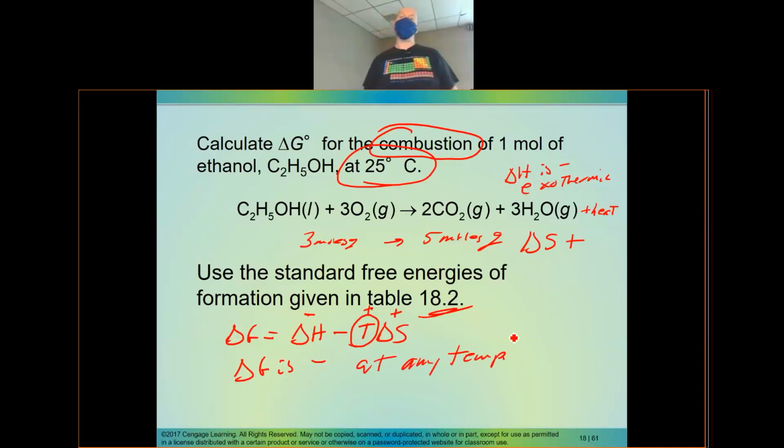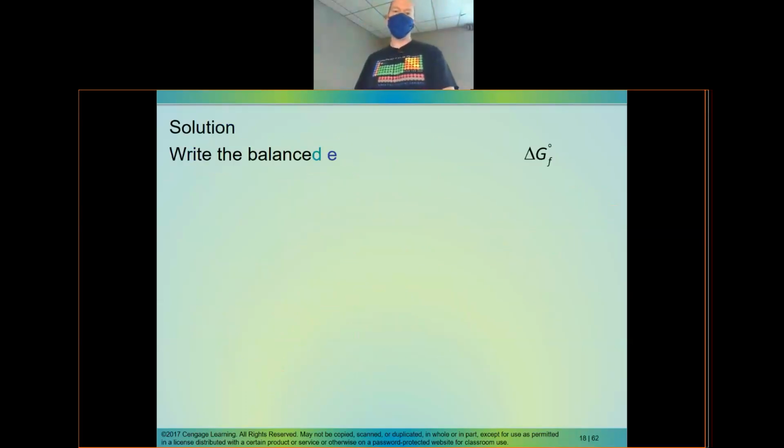All right, and this is only true when your delta H is negative and your delta S is positive. And so we know the sign of this one. We know that delta G is negative, and this is spontaneous. All right, so now we get to our chart, look up our numbers, and get our answer.